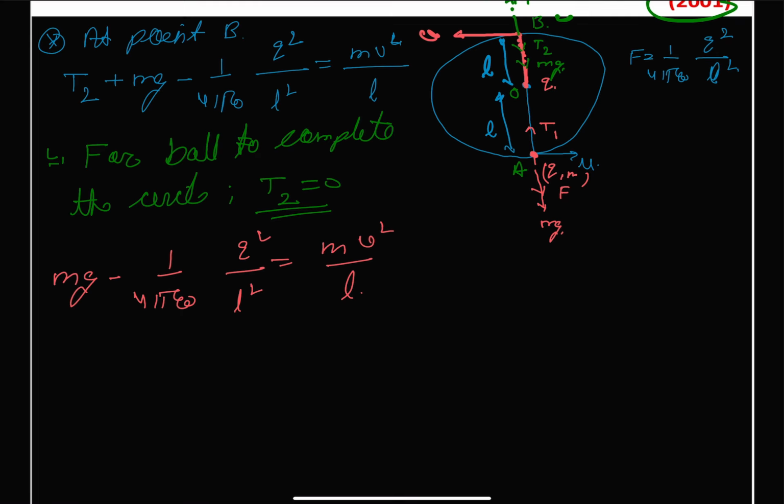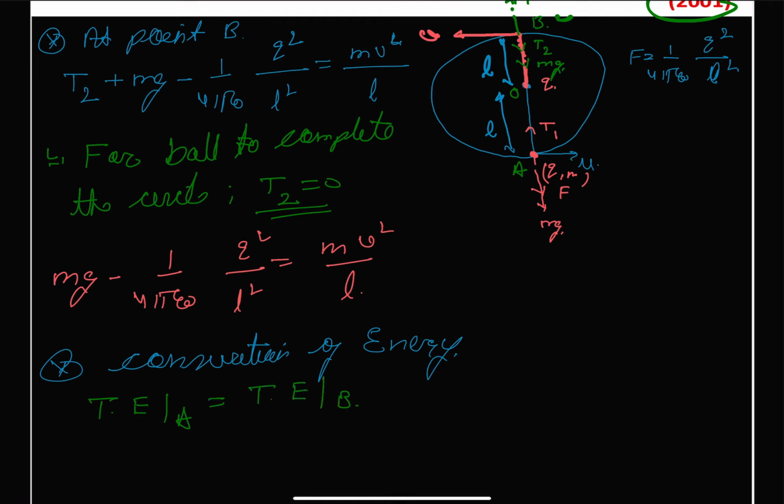Now we can also use the conservation of energy for point A as well as for point B. You can say conservation of energy, so you can say total energy at A should be equal to total energy at B. A is the lowest point, so here the potential energy will be equal to 0. The only energy that will be present will be the kinetic energy with the velocity of u.